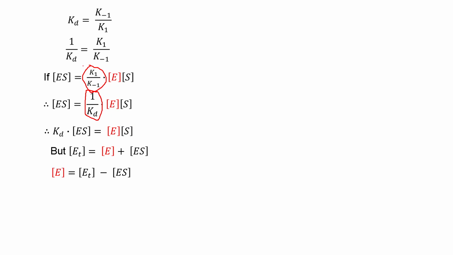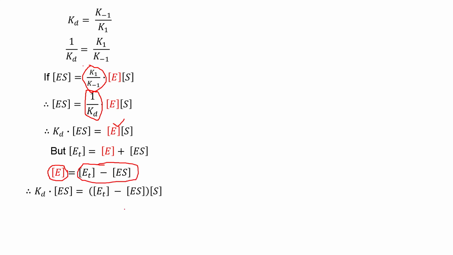So E will be equal to the total enzyme minus the bound enzyme. We are going to replace this particular E with our ET minus ES.